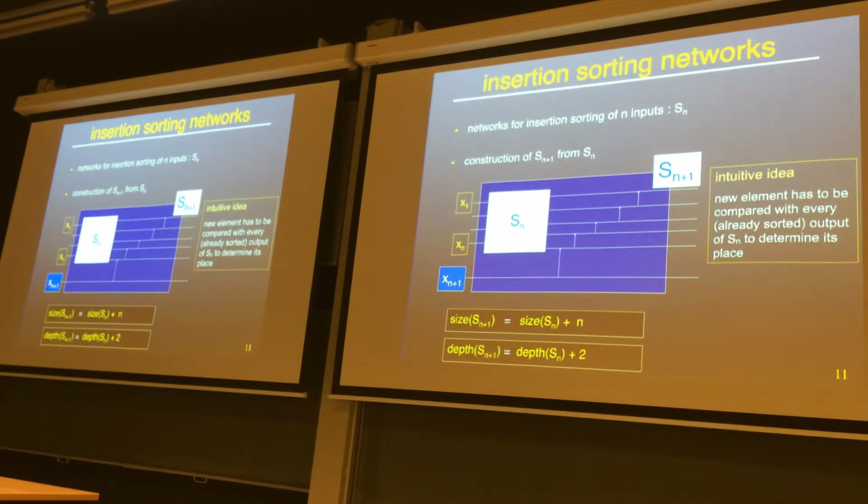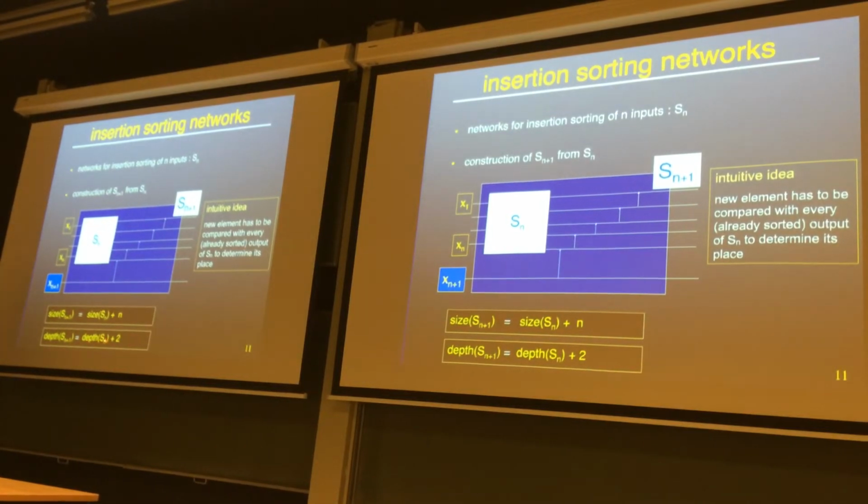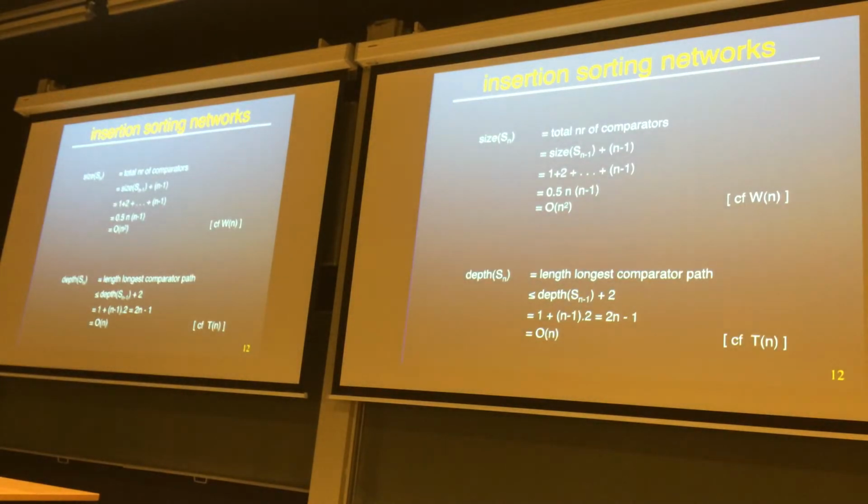So that means that the depth of S_n+1 equals the depth of S_n plus 2. From these two, you can immediately determine the order of the amount of hardware that you need. The order of the amount of hardware is n squared for S_n, and the depth is O of n for S_n. More in particular, the size of S_n is half n times n minus 1, and 2n minus 1 for the depth.